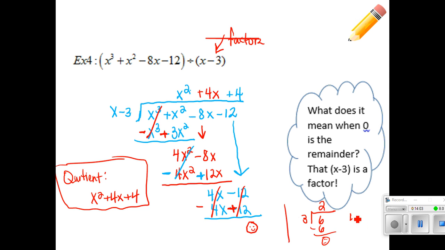But if you were to divide 6 by 4 and you get a remainder, then 4 is not a factor because you didn't get a remainder of 0. So when you get a remainder of 0, it means that what you're dividing by is a true factor. And that is going to help us later on in this chapter.